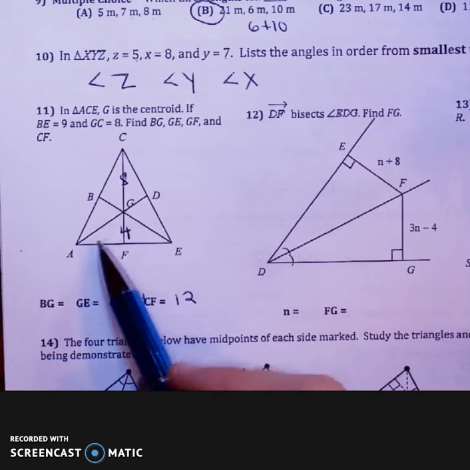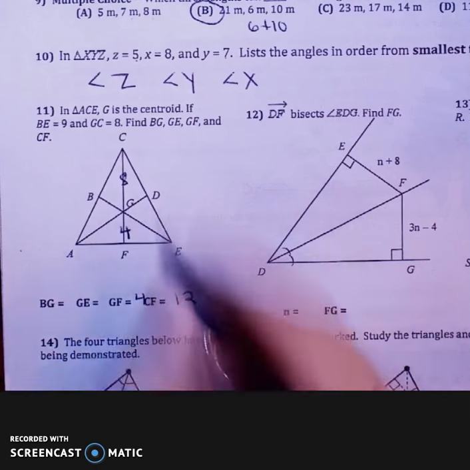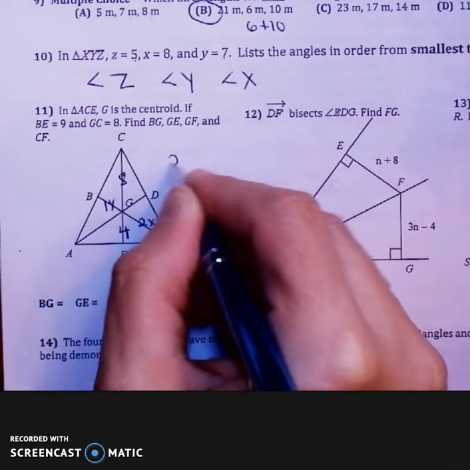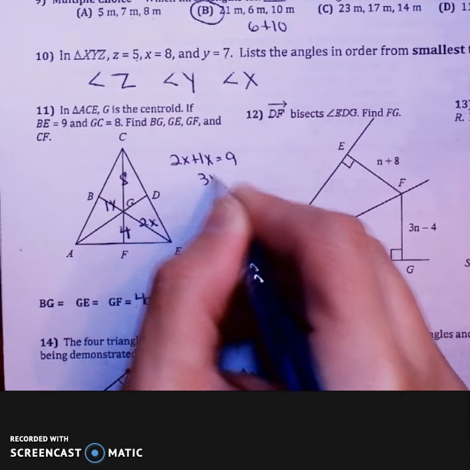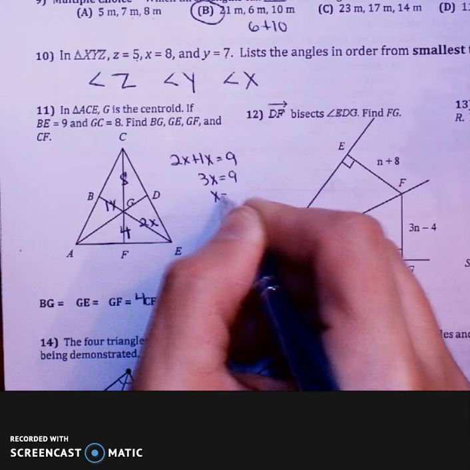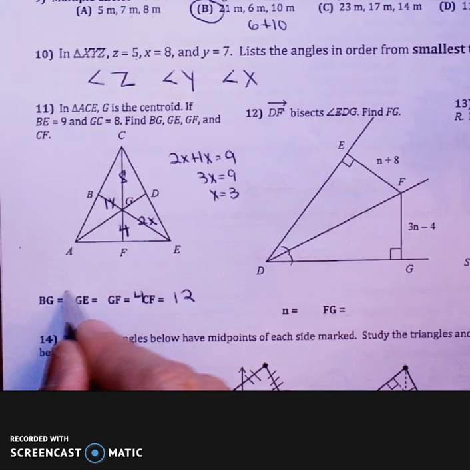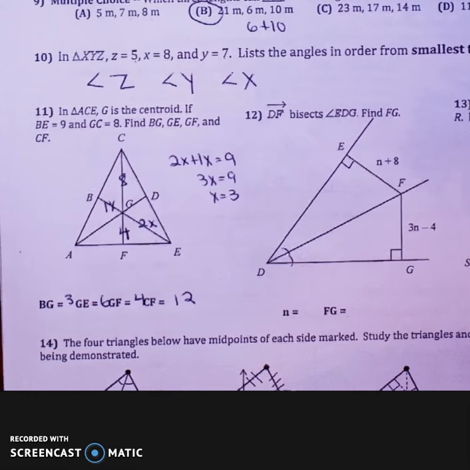Okay, the other one we know is B to E is 9. So this piece is 2x, this is 1x. So in other words, 2x plus 1x is equal to 9. 3x equals 9, so we end up with x is 3. So B to G is 3, and G to E would be twice that, which is 6.